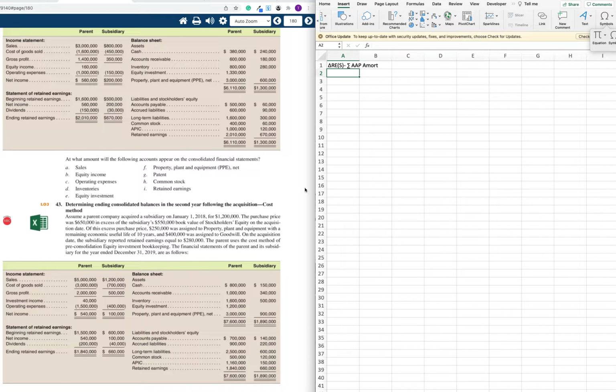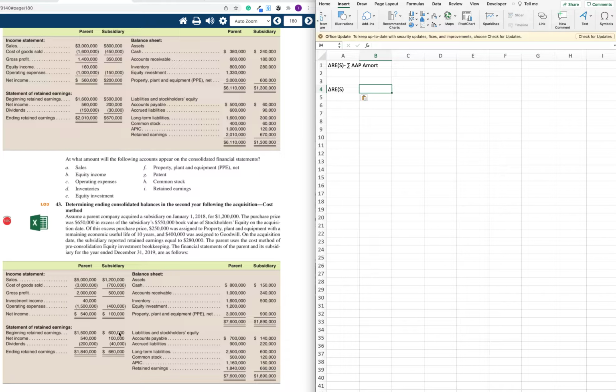And so we have that here. So we'll start plugging this in. First, we're going to look for the change in retained earnings of the subsidiary. And let me see if I can just copy this really quickly so I don't have to insert the symbol again. And so when we're doing that, we're always going to use the beginning retained earnings for our subsidiary.